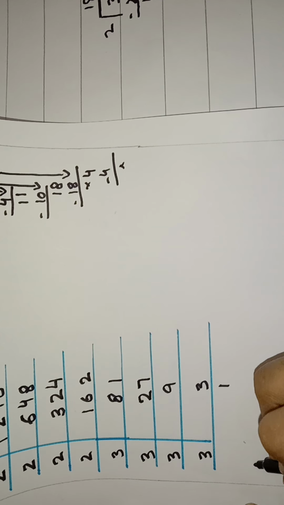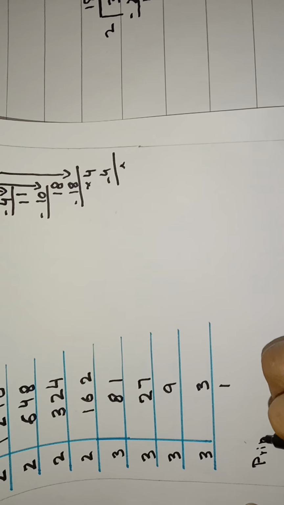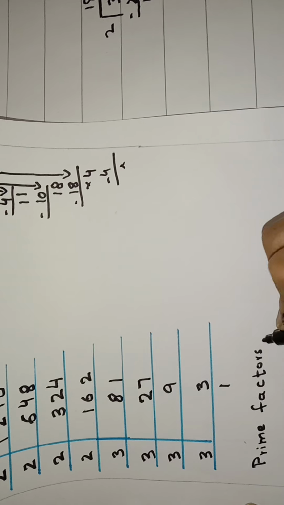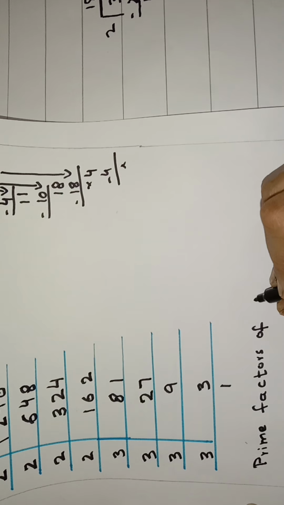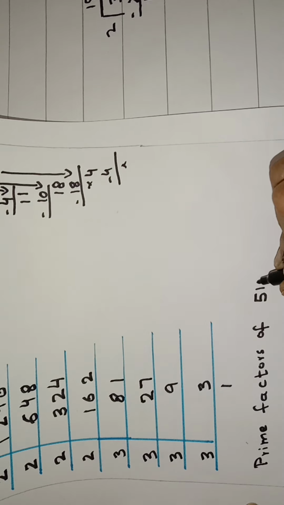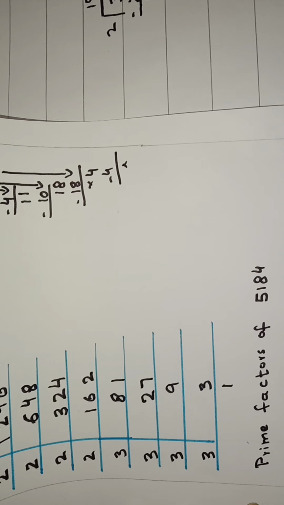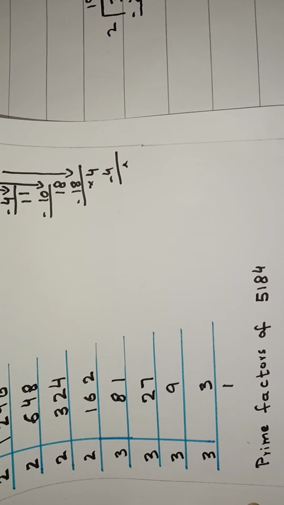We will write prime factors of 5184 is equal to 2 into 2 into 2 into 2 into 2 into 2 into 3 into 3 into 3 into 3.